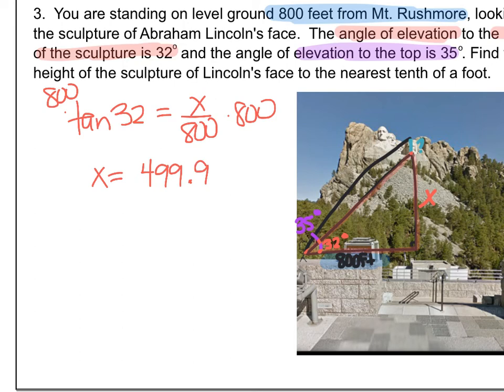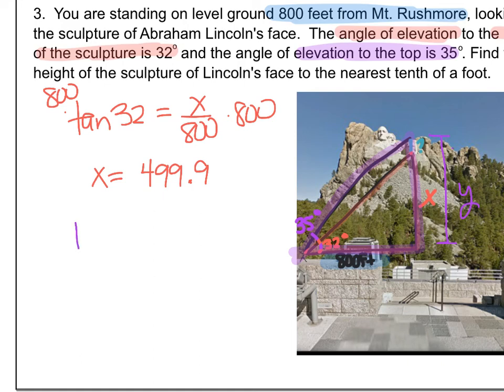Then we're also going to do something with that 35 degrees. What we have to do with the 35 degrees is look at the triangle it's a part of, which is this bigger right triangle here. We're going to set up a problem with that. That is going to give us this whole side, because we're looking at that big triangle. It's going to give me that big side that I just called y in the picture.